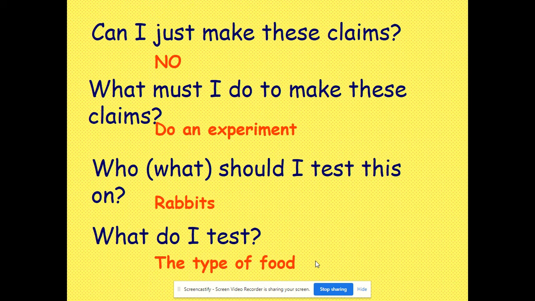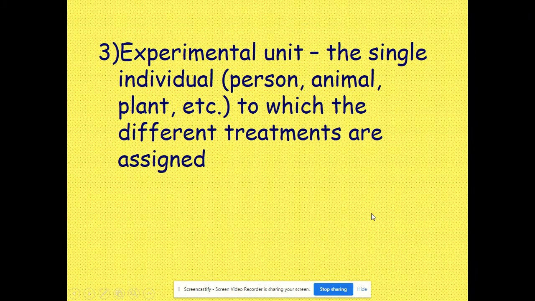Alright, so this next vocab, I don't love the definition that's up there. I'm going to word it a little bit differently. Experimental unit: this is the smallest unit to which the different treatments are applied.